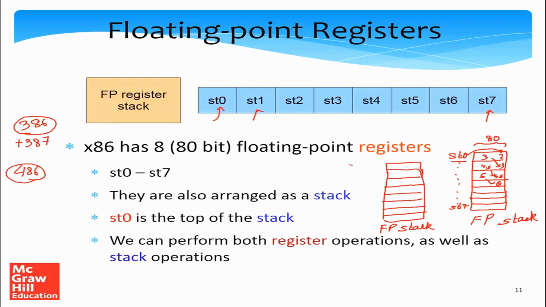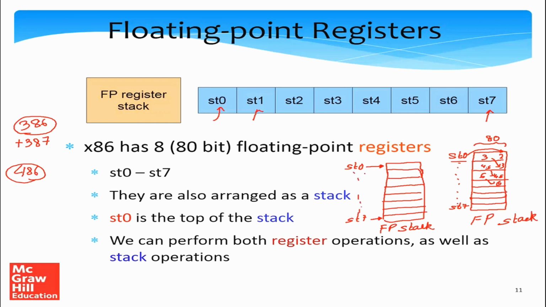So what ST0 basically means is that it's a register and its value is whatever is at the top of the floating point stack. Similarly, ST7 can also be treated as a register and its value is what is the last element in the floating point stack. So if I push or pop the stack, then essentially the elements move, so the value of these registers will also change. Right?